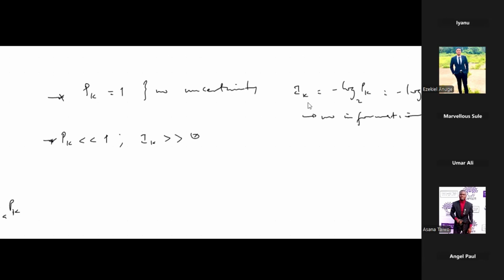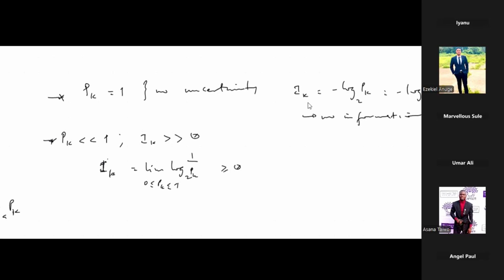So there, we can establish that the information contained in the message is the same as taking a limit for which 0 is less than or equal to p sub k, less than or equal to 1, log to base 2, 1 over p sub k is greater than or equal to 0.